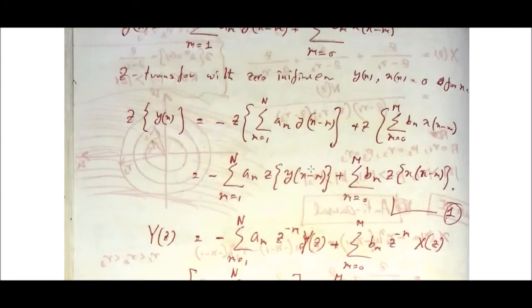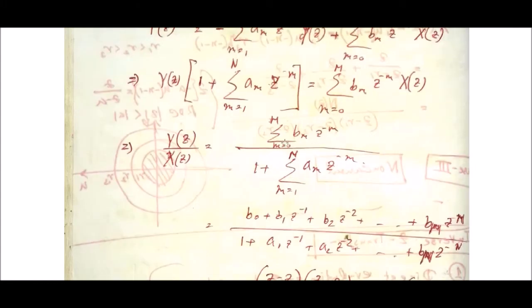I will supply you these notes, and if you go through this derivation, you can obtain this. It is nothing but in the numerator you will have a polynomial, and in the denominator you will have another polynomial. The number of poles and number of zeros may not be equal.